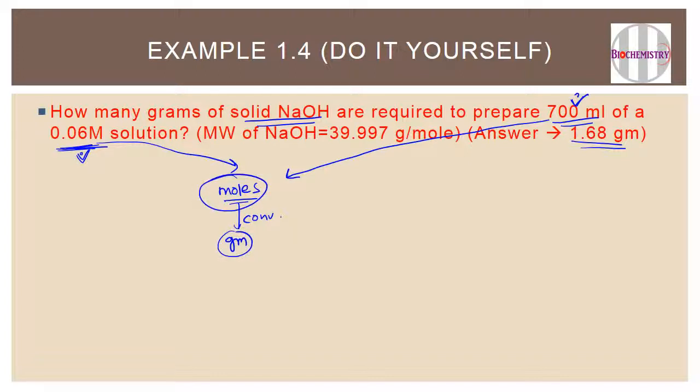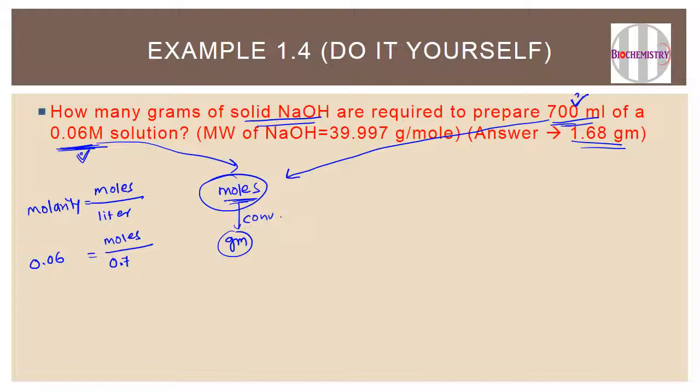So based on these two, let us first find out how many moles of NaOH are required. For that we have this equation, molarity is equal to moles per liter. Now we know the molarity, that is 0.06. The moles we want to find out, the volume is 700 ml, so 0.7 liter.